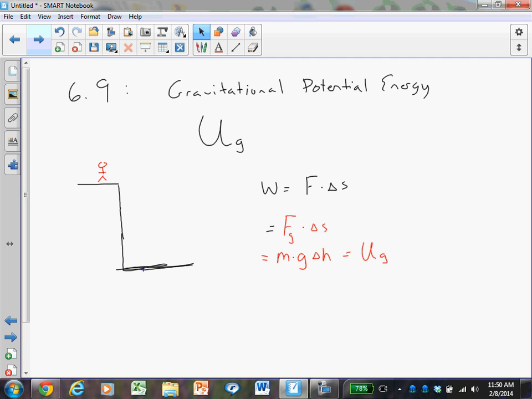Gravitational potential can be negative if you define the tabletop as zero and the ball moves down; then it has less potential energy than it did on the tabletop, so it's below zero. To return it to the tabletop, you'd have to do some work on it. When I pick up a ball, I do work on it. If I let it go, it falls back to the ground. It wants to be on the ground because gravity is pulling on it.